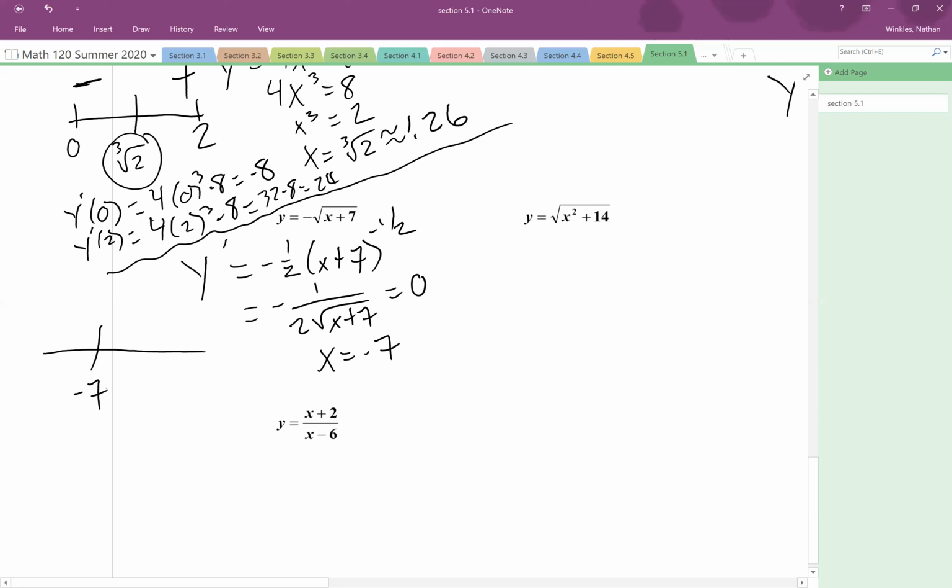Now keep in mind that we cannot plug in a value less than -7 because of our domain restriction up here. So if we plugged in 0, we would have into our derivative -1 over 2 times the square root of 7, which is negative. So therefore, this one is increasing nowhere.